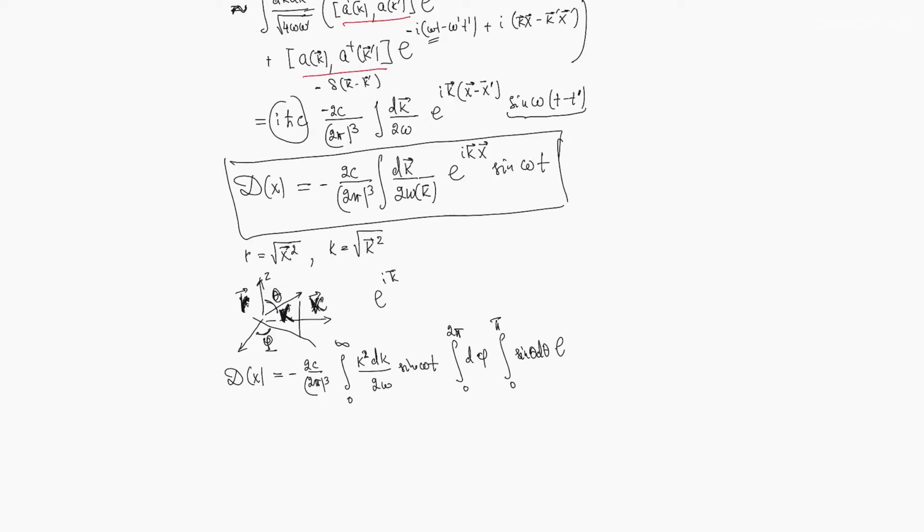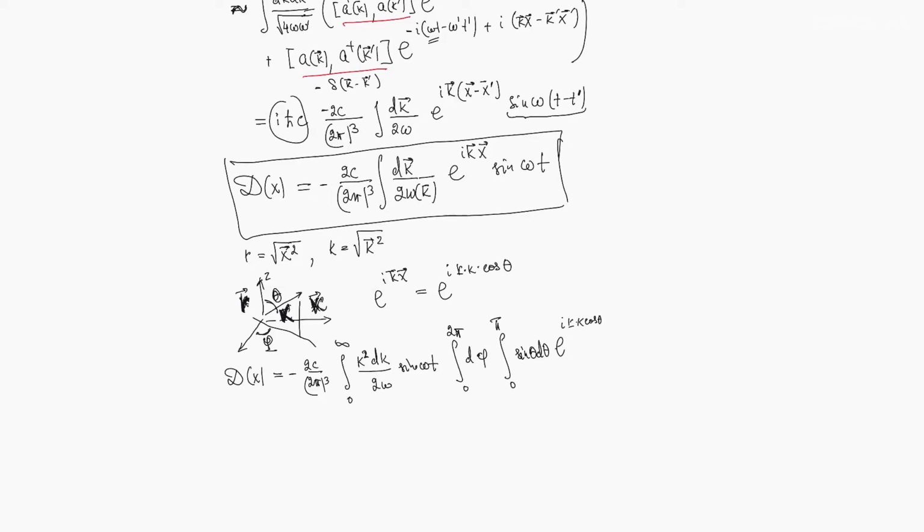So it's exponential i times the length of r multiplied by the length of k multiplied by the cosine of the angle between them. So cosine theta. In other words, I have here r k cosine theta.